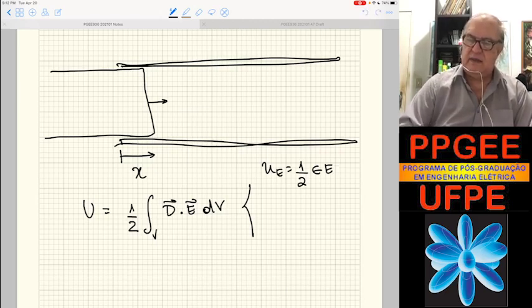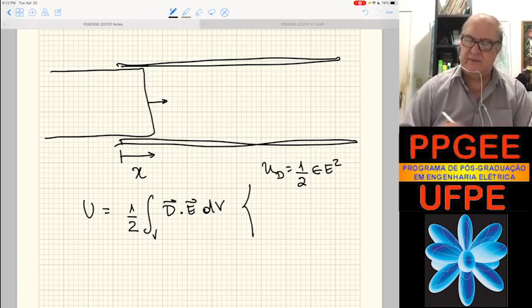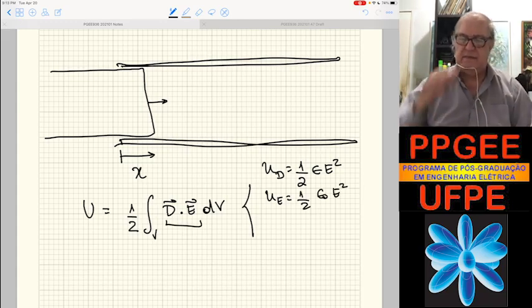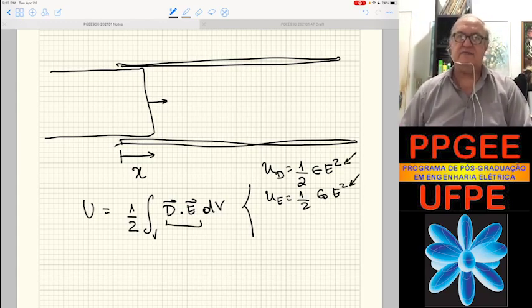Let's say in the dielectric it is UD, and in the vacuum the integrand here is 1/2 epsilon 0 E squared. So you see that there's more energy in the dielectric than in the vacuum, right?